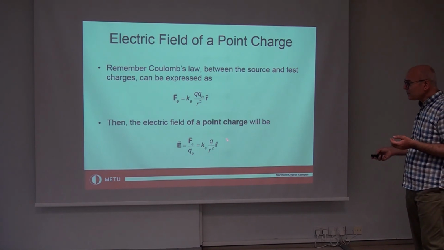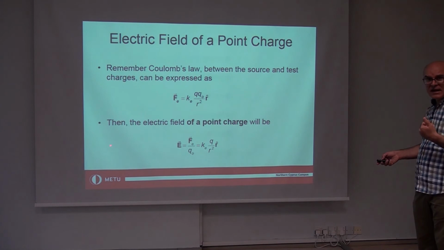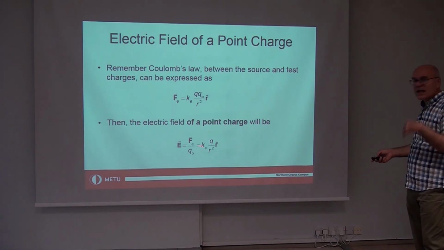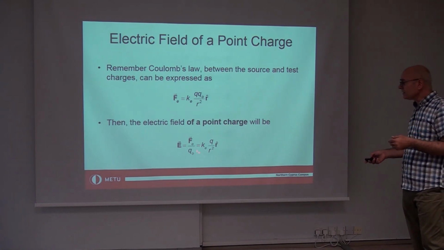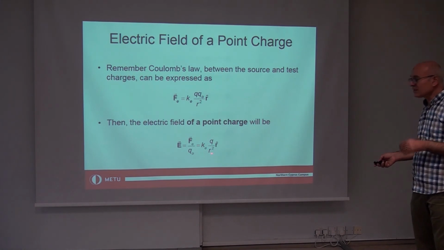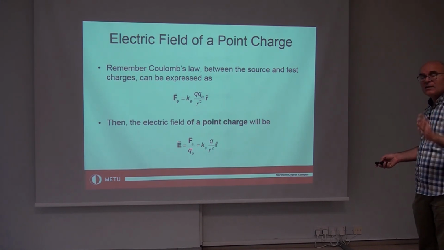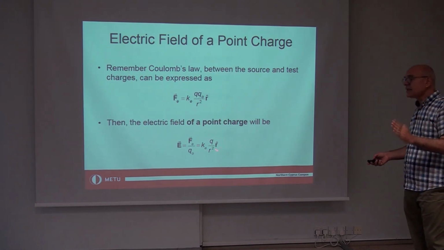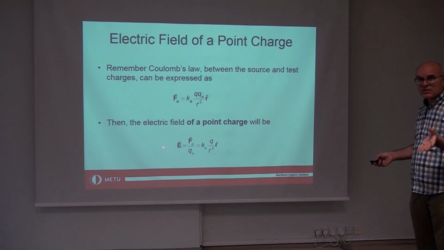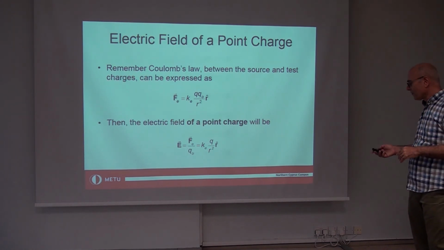When you substitute Q here, you have to substitute it along with its sign, so this is valid for both positive and negative point charges. This is the electric field of a single point charge, positive or negative.